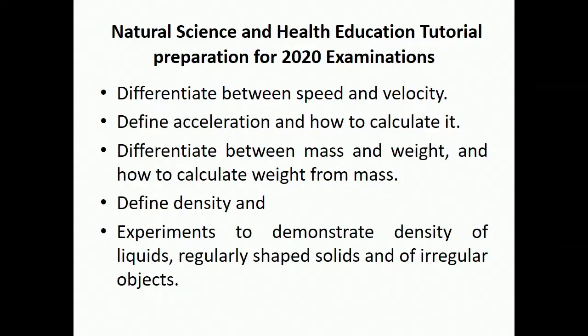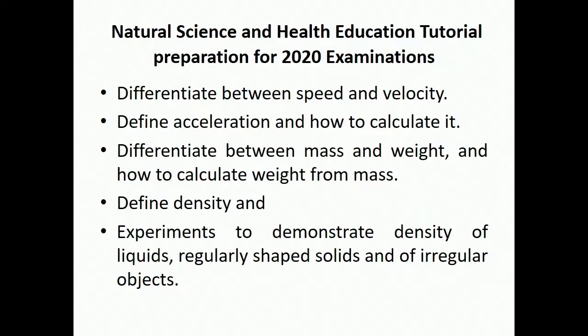The topic of speed and velocity, you should know the difference between the two, for example in terms of their definition, the unit of measurements, and also to distinguish between scalar quantity and vector quantities.